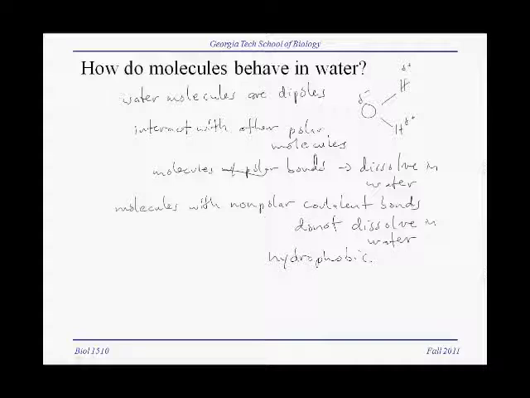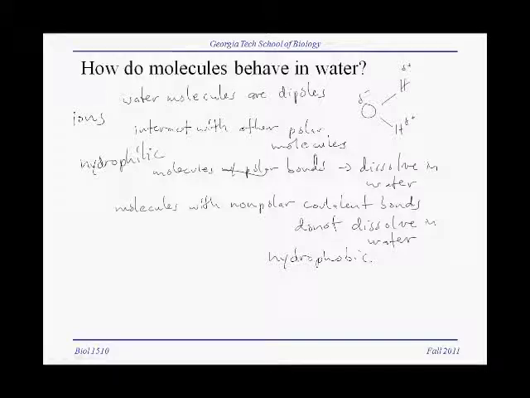In the absence of water, the positively charged sodium ion and the negatively charged chloride ion are strongly attracted to each other, and it's a strong bond. But if you drop table salt in water, it dissolves. And that's because all of these water molecules surround each of these ions and dissociate the sodium and the chloride ions.